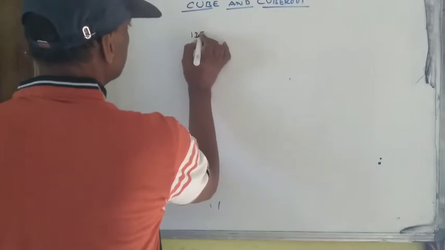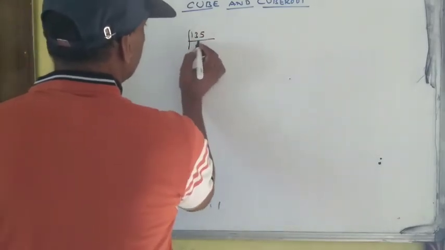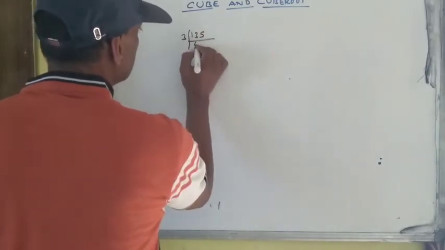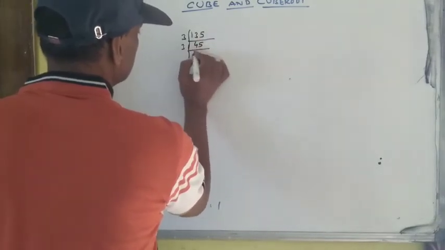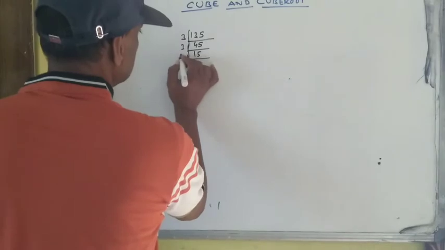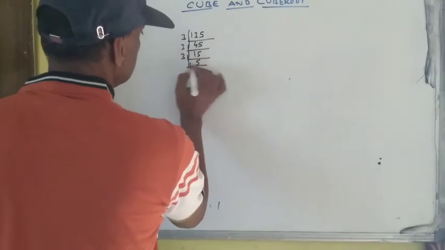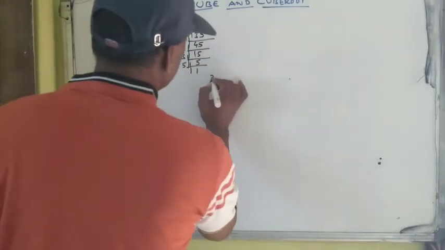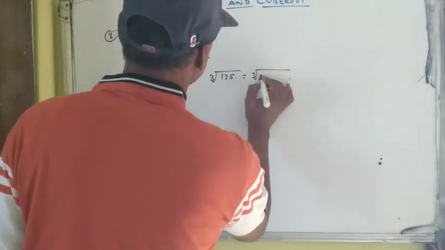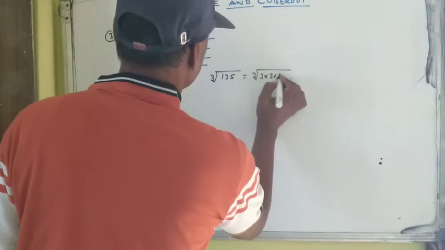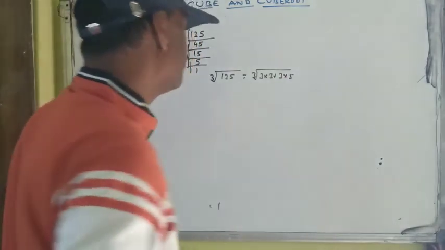I am taking the factors of 135. This is divisible by 3. So the factors of 135 are 3 into 3 into 3 into 5.